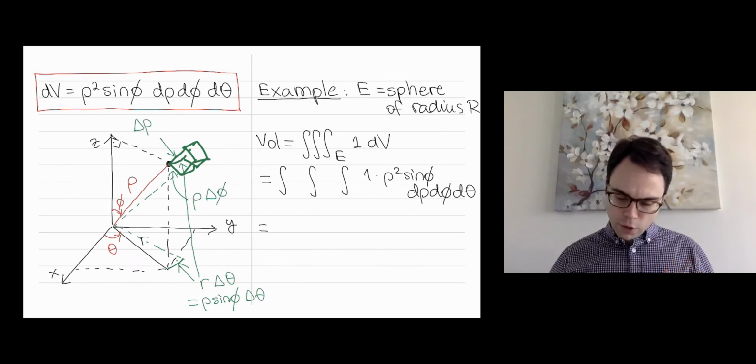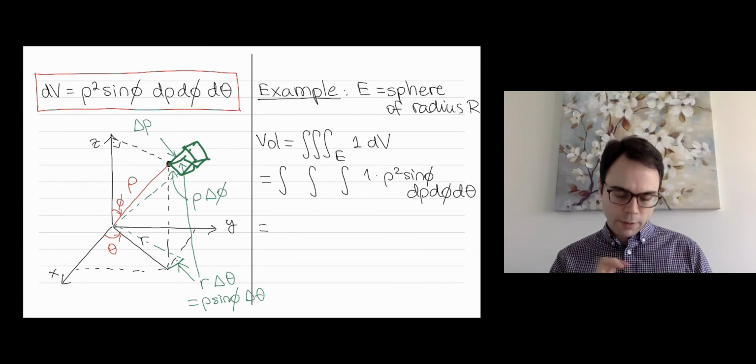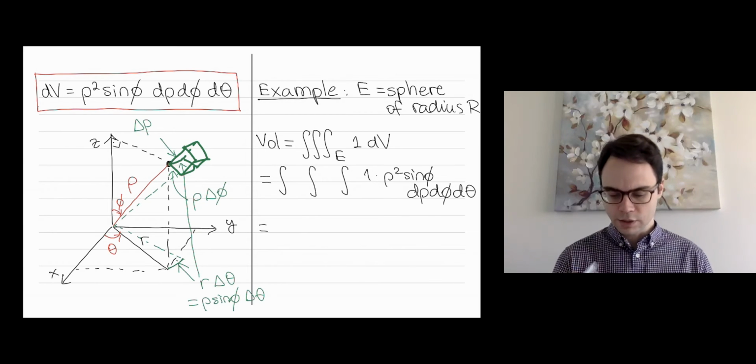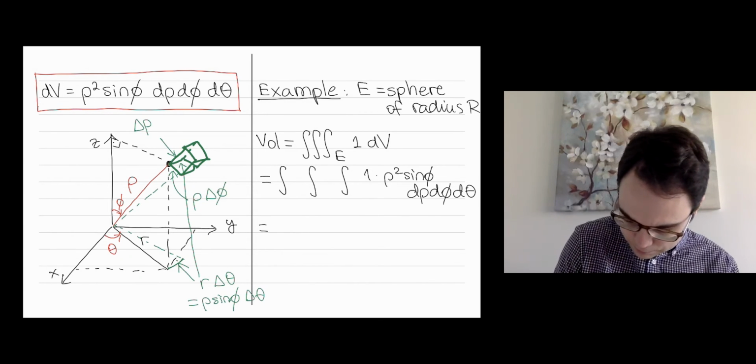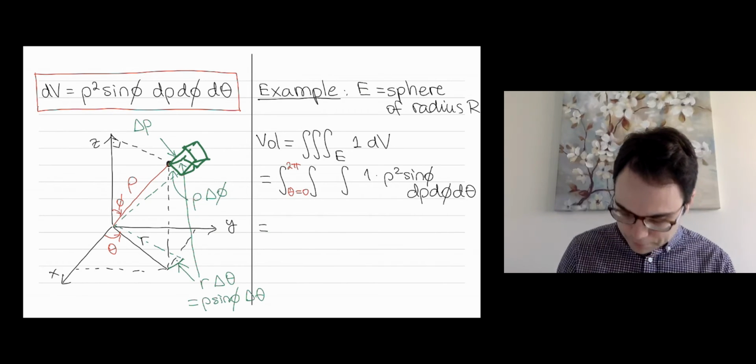A sphere about the origin has points with all possible angles. So it encloses the z-axis. To cover that whole sphere, I need all possible values of theta. So theta is going from 0 to 2 pi.